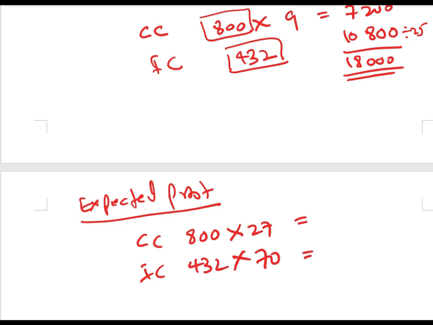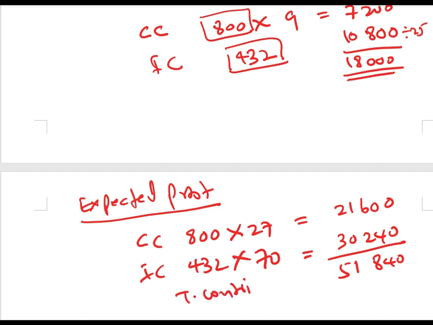When you take the total of these, this will be 21,600,000 and 30,240,000. So the total will be 51,840,000. This will be the total contribution.